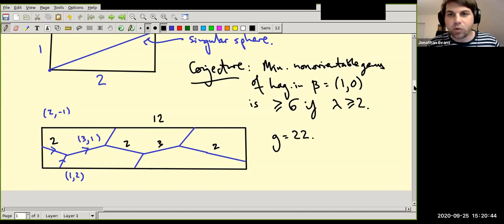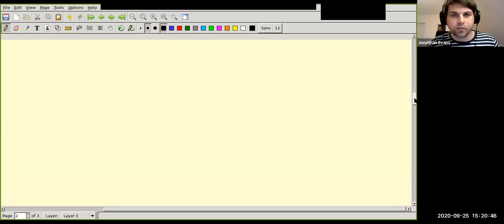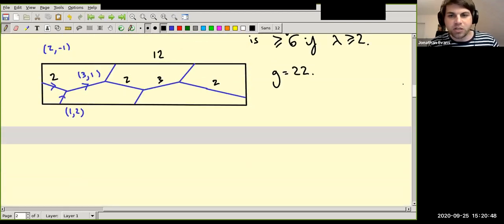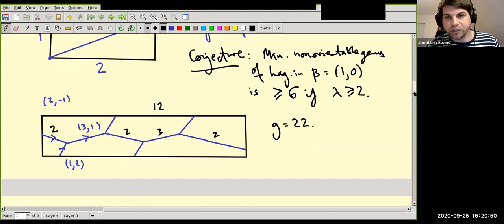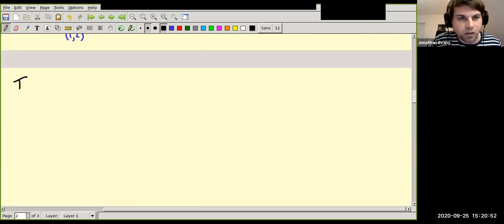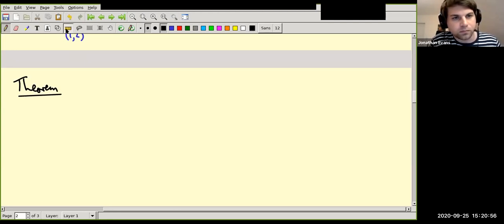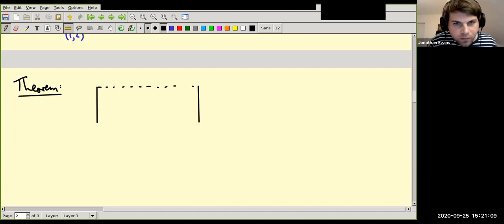Okay, so let me tell you what I can actually prove. It's inspired by this first conjecture, but it's not as much as the first conjecture. Here's a toric picture, but I'm not including the top boundary, I'm not including the bottom boundary.